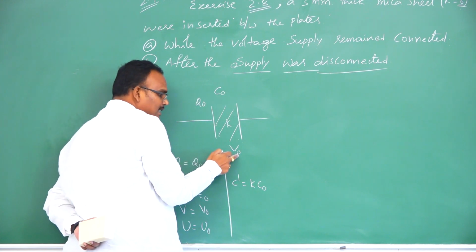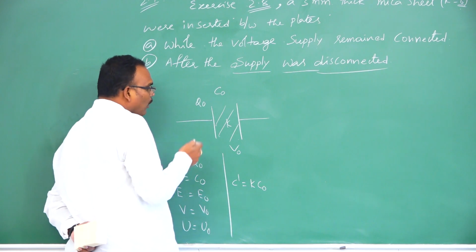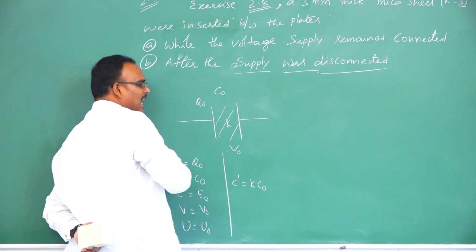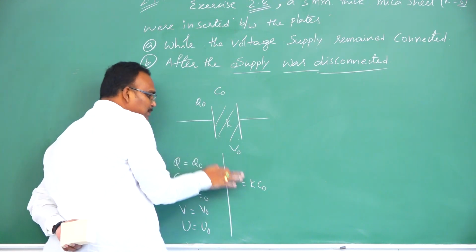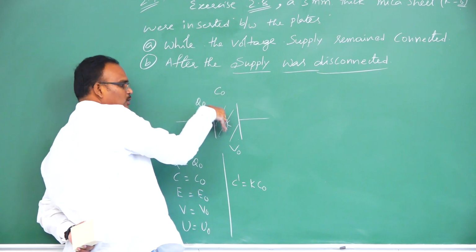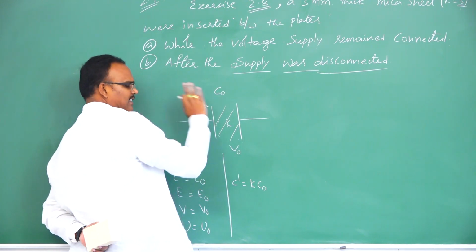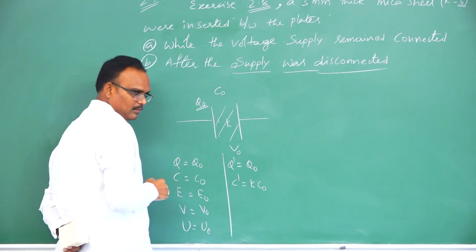To increase this potential, the cell is not there. Moreover, no external source is present to transfer charge from one plate to another plate. That means in the absence of the cell, if we introduce a dielectric slab between the capacitor plates, charge remains constant. That means Q dash is equal to Q naught.